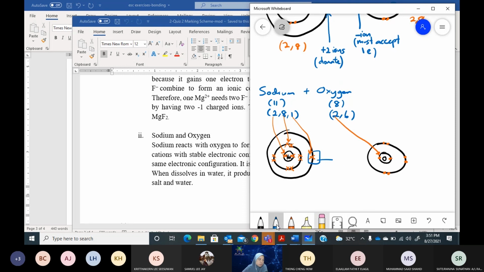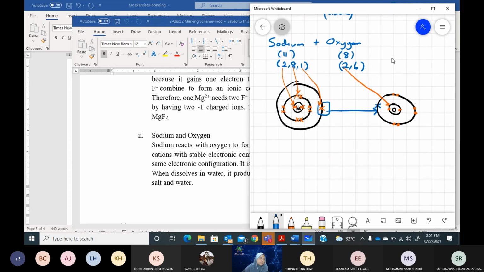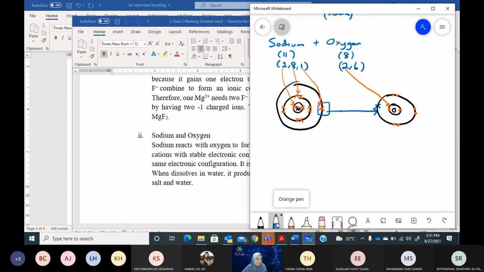So if one goes from here to here, wait, I make a longer arrow. One here goes to here, right? So it becomes 1 cross. So we need one more cross here. Then we need to draw 2 sodium, to make this become 2, 8. This one removed 1 already, becoming 2, 8.